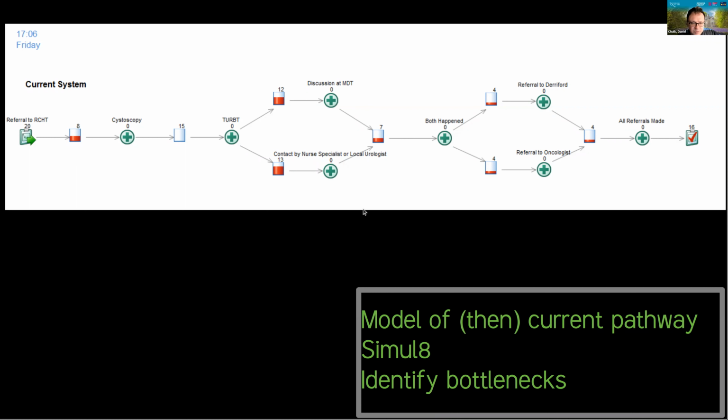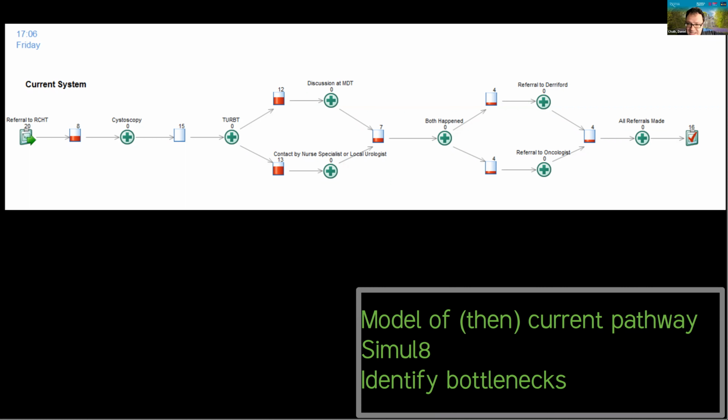And the second was that the patient needed to be contacted by a nurse specialist or a local urologist with the results of the TURBT, basically to tell them that they had bladder cancer, and what they were going to do about it, and to discuss with the patient their own treatment options. I'll come back a little bit more to that bit in a moment.